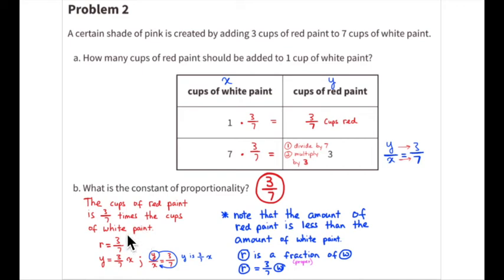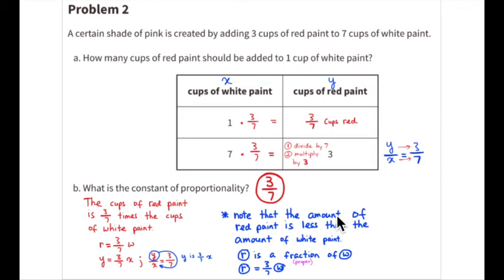So if you just write that with math symbols now, the red paint is equal to 3/7 of the white paint. And use y and x. Y is equal to 3/7 x. So y divided by x is equal to 3 divided by 7, which is equal to 3/7. So y is 3/7. It's that fraction of x.